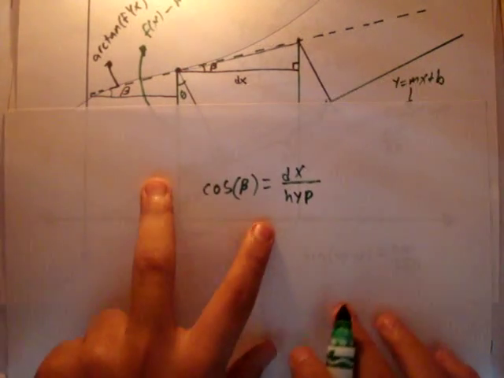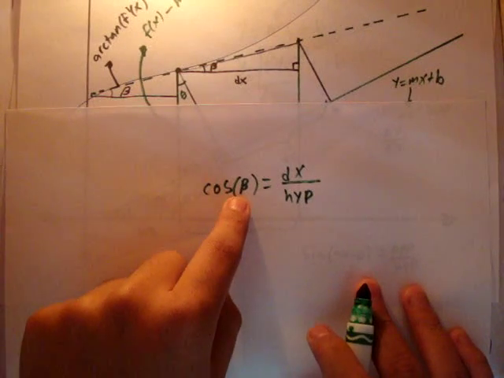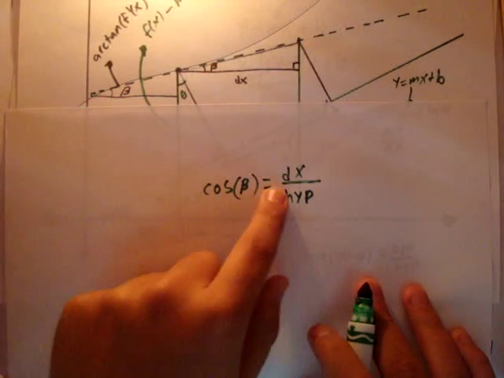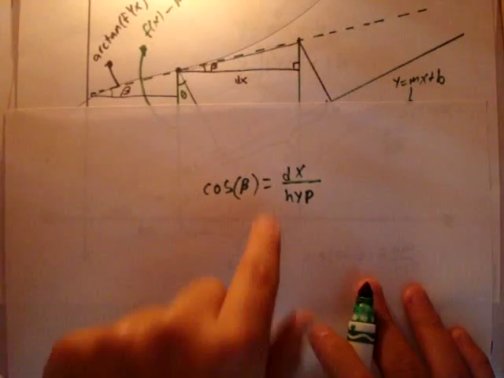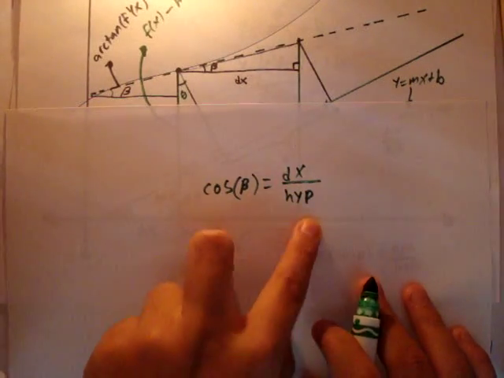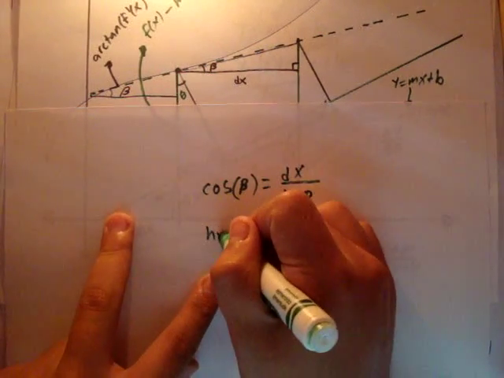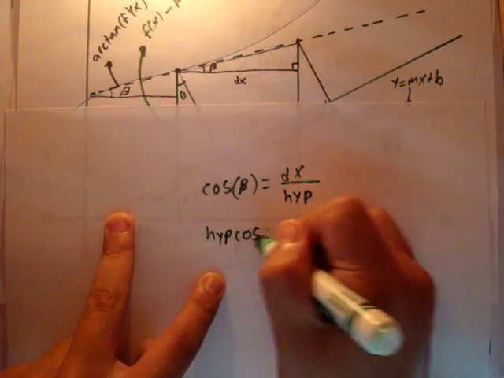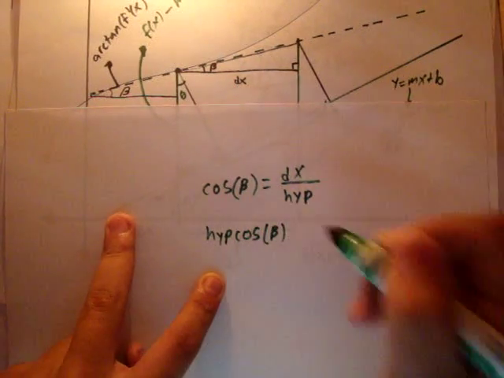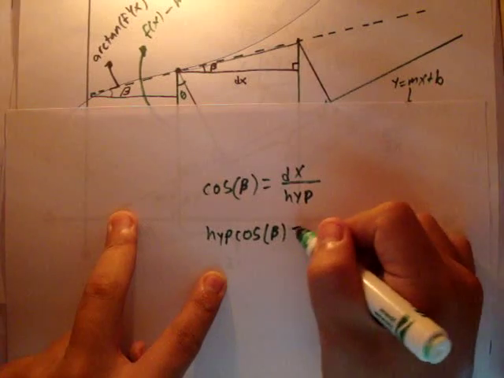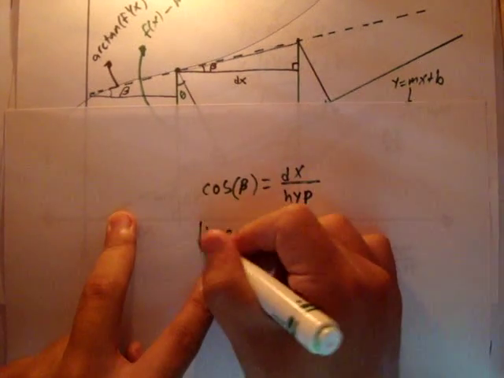Right? So, this beta we know as arctangent of f prime of x, and we want to isolate, let's say, dx. Alright? So we're going to move the hypotenuse over here. And remember, our goal is to somehow find a relationship between dv and dx, and that's exactly what we're going to do, although it might not be apparent.